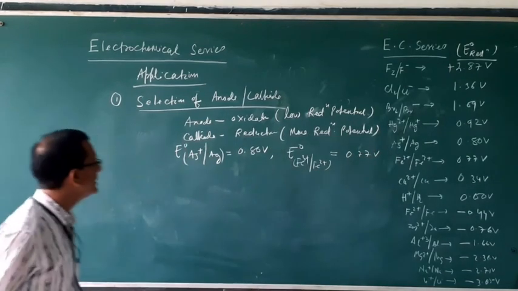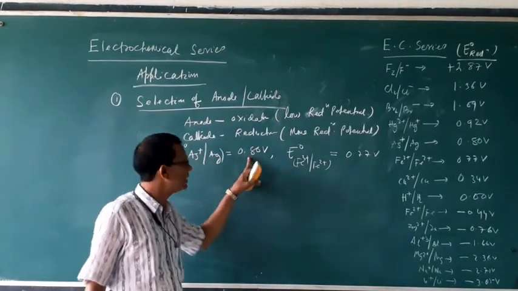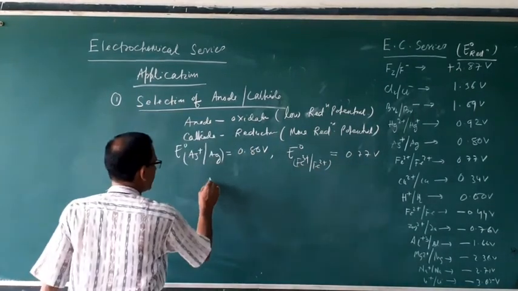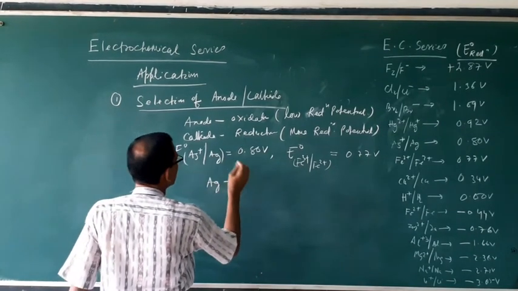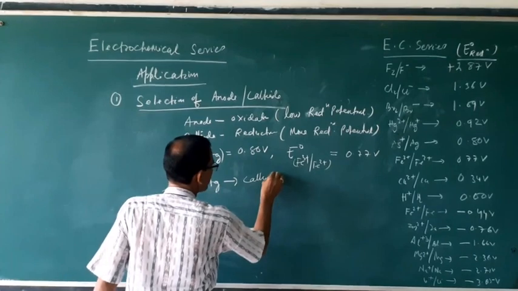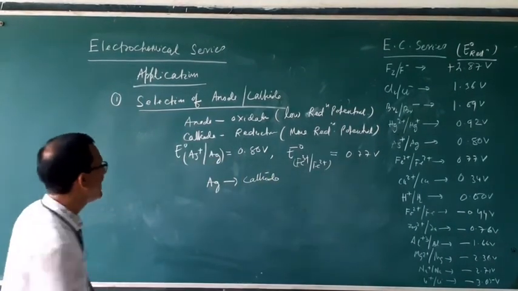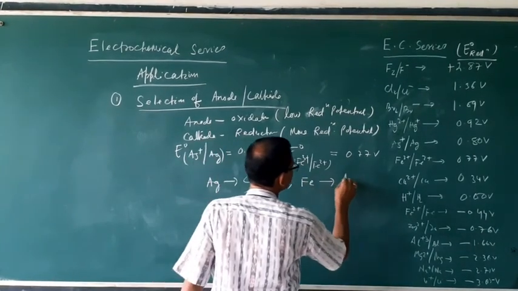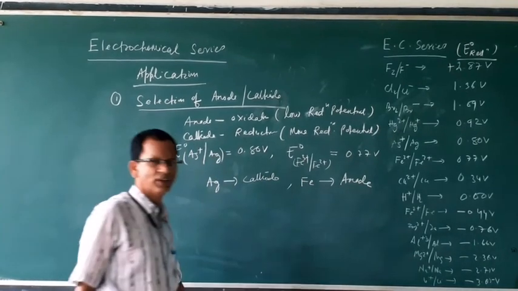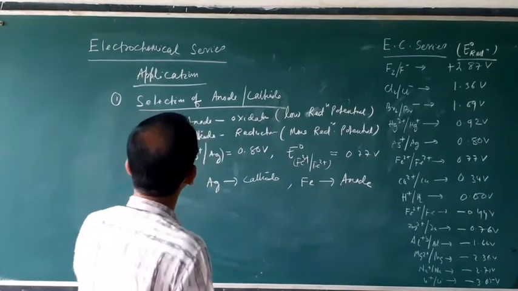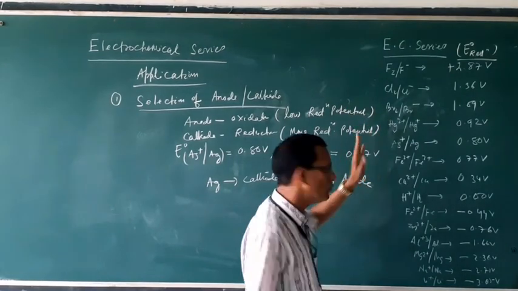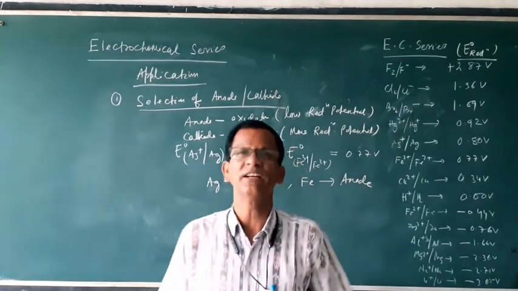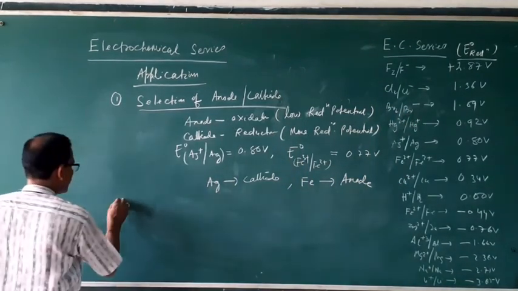So these two data indicate silver has a high reduction potential and iron has a low reduction potential. So silver will be cathode because reduction potential is more, and iron will be anode because of low reduction potential. So like this, selection of anode and cathode can be done using electrochemical series.